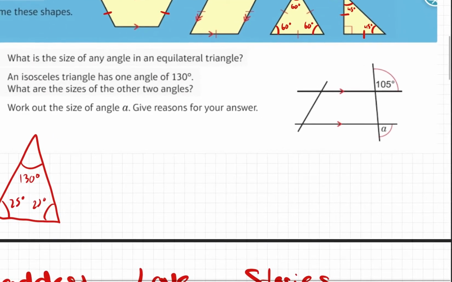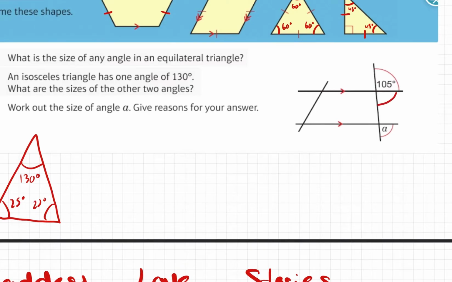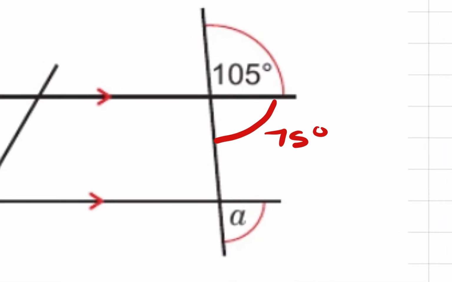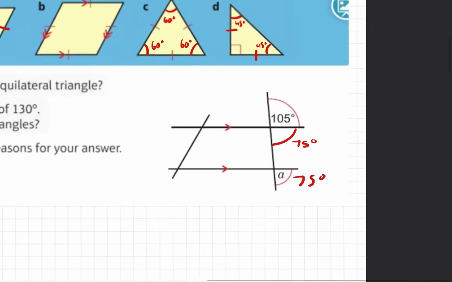And angle A here, well, all angles in a straight line add up to 180, so we can work this one out here, 75, because that plus that is 180. Well, that angle is the same as that angle here, so A is 75 degrees.